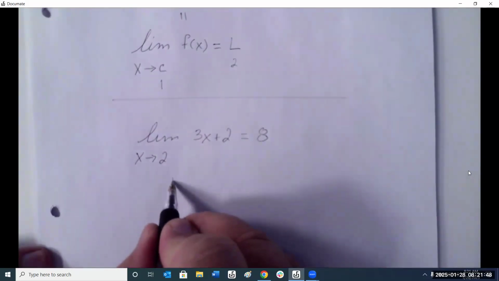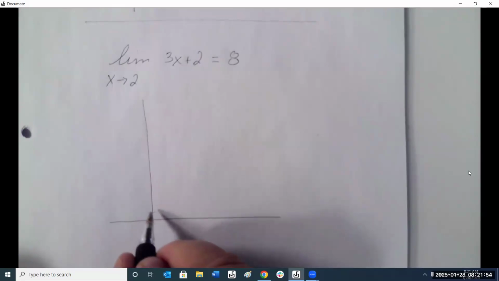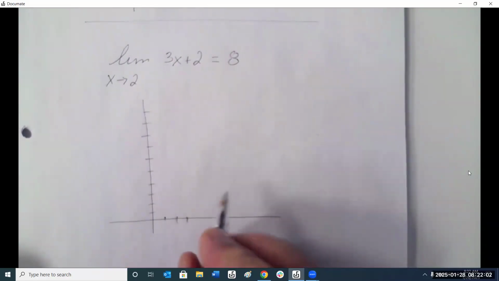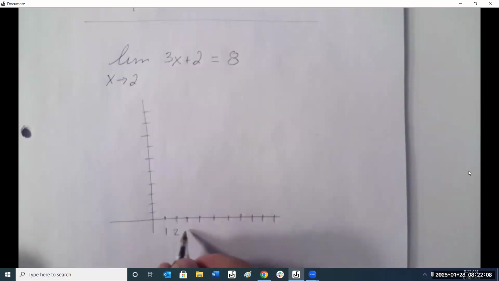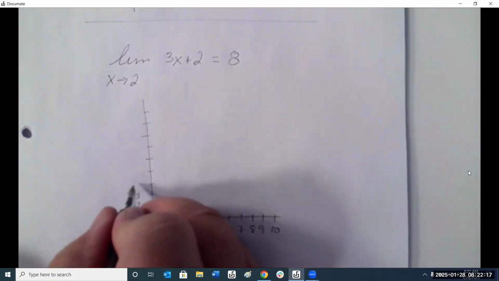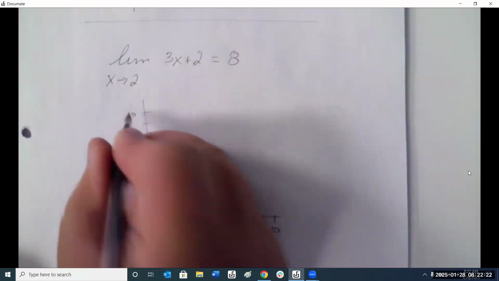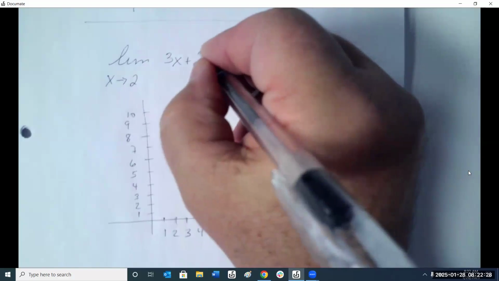Now, what this is telling us graphically, so how do we graph this equation? What does this represent?